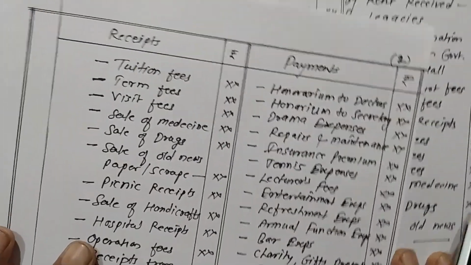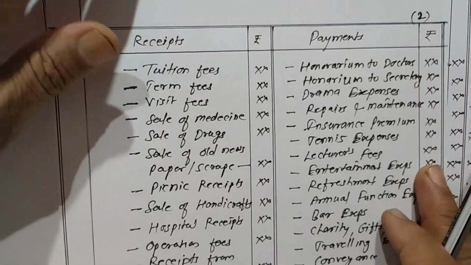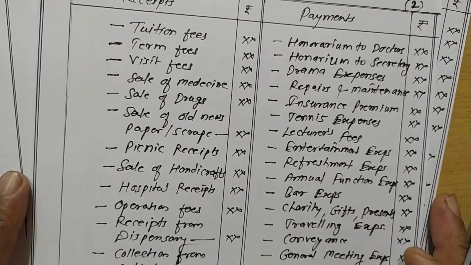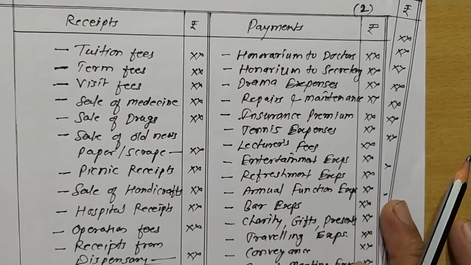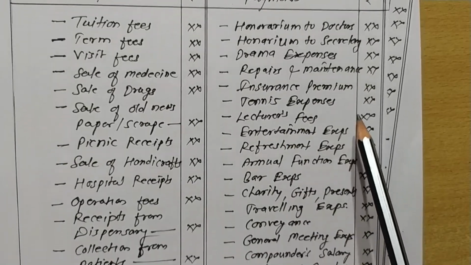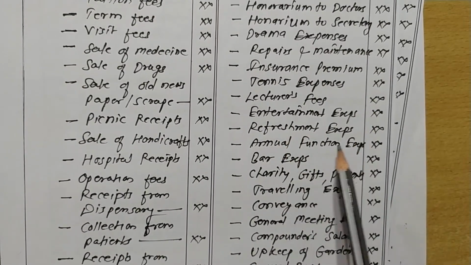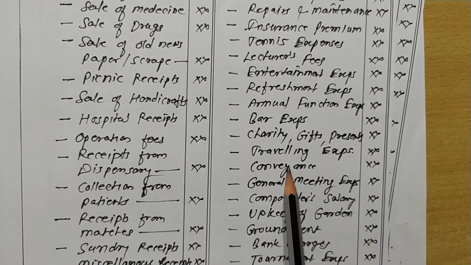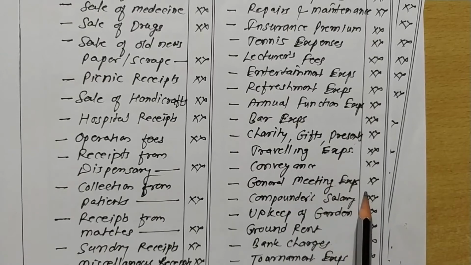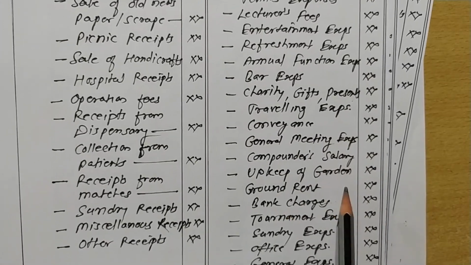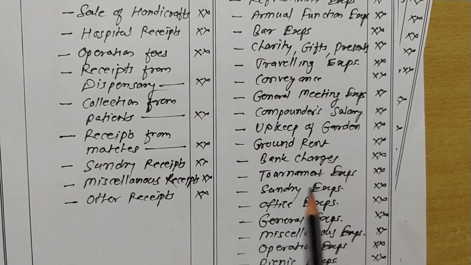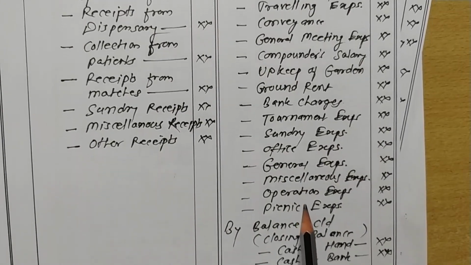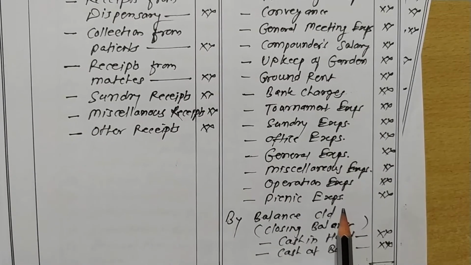Also, honorarium to doctors, honorarium to secretary, expense of drama, repairs and maintenance, insurance premium, tennis expenses, lecture fees, entertainment expenses, refreshment expenses, annual function expenses, charity, gifts and presents, traveling expenses, conveyance, general meeting expenses, compounder salary, upkeep of garden, ground rent, bank charges, tournament expenses, sundry expenses, office expenses, general expenses, miscellaneous expenses, operation expenses, picnic expenses. These are the revenue expenses.